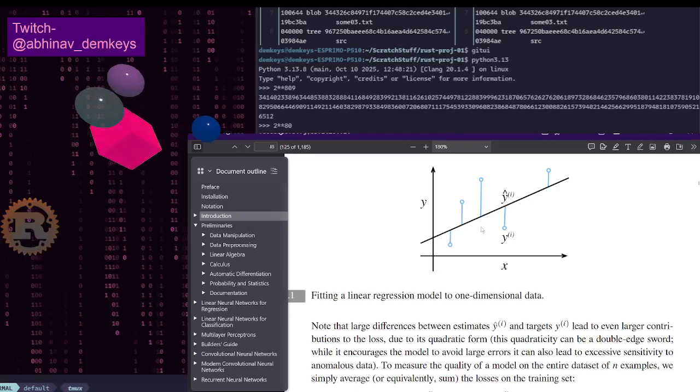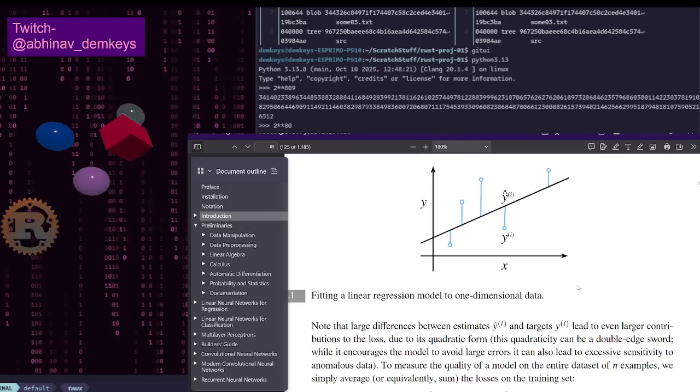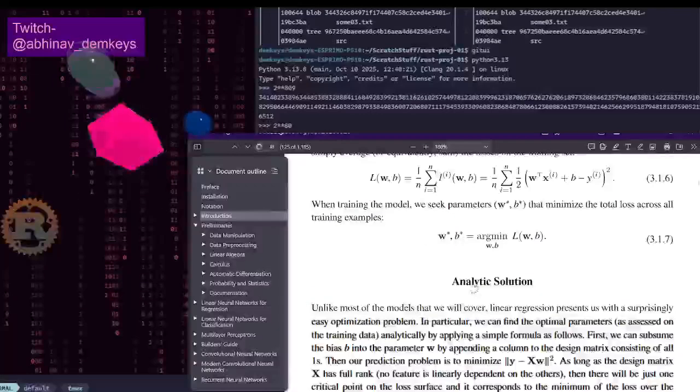The line of best fit is what gets used in linear regression. That is what gets used to make future predictions. That line is what we get as a result of our training. Okay, cool.